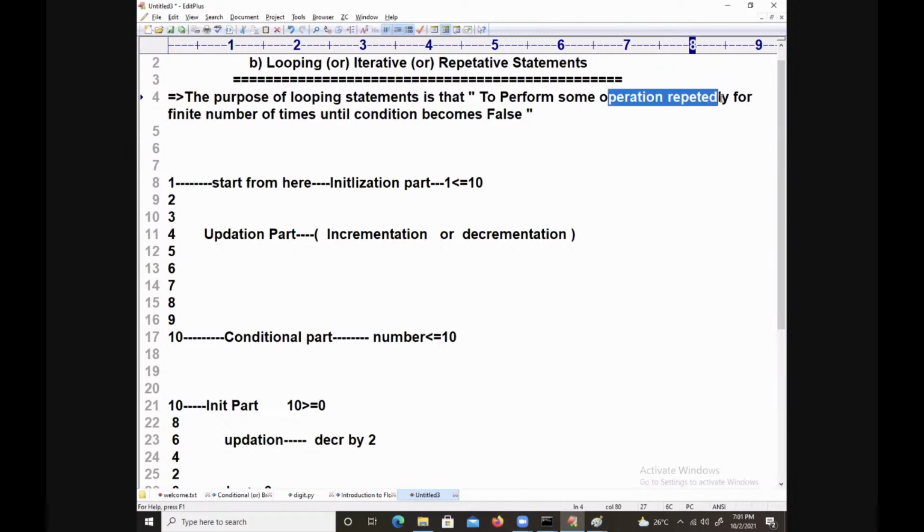See the word repeatedly. How many times? Finite number of times until the condition becomes false.